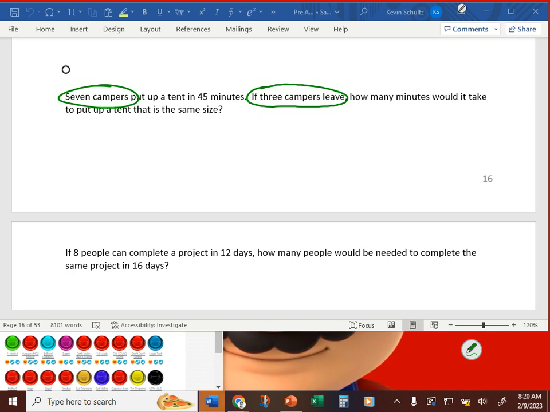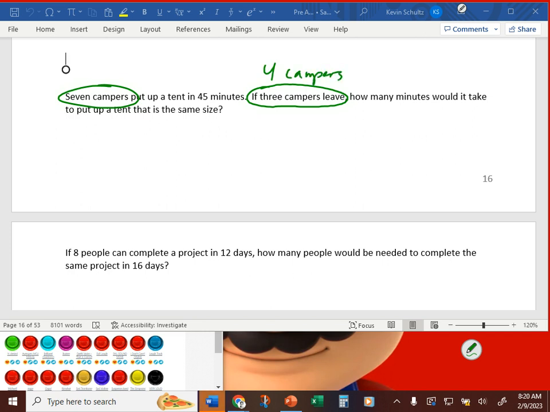What was the question? If 3 campers leave, how many campers will be remaining to put up the tent? Mia? 4, right? If you start with 7 and 3 campers leave, that means there are 4 campers left.